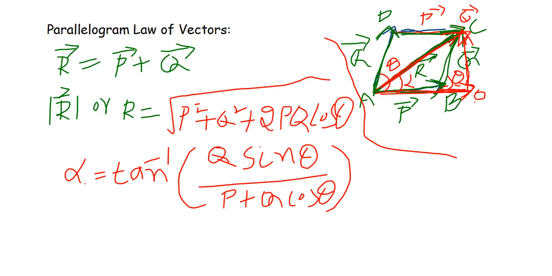Next, beta is the angle between the other vector Q bar and the diagonal.